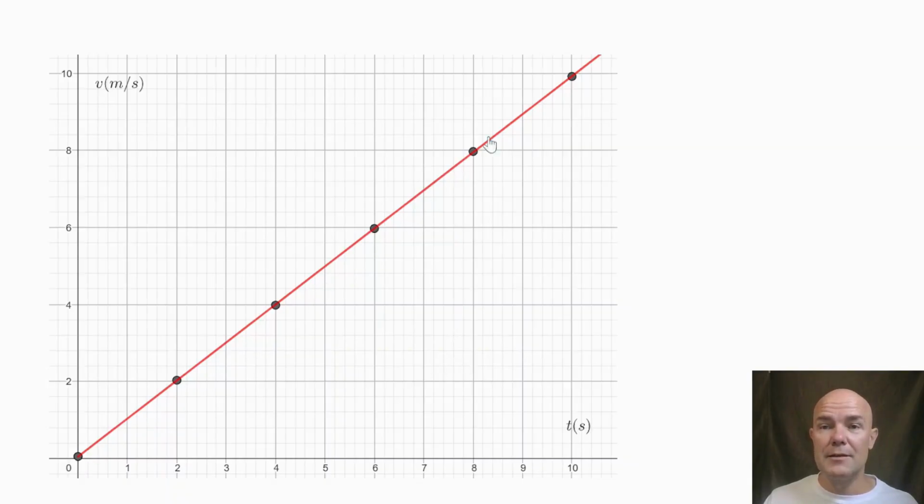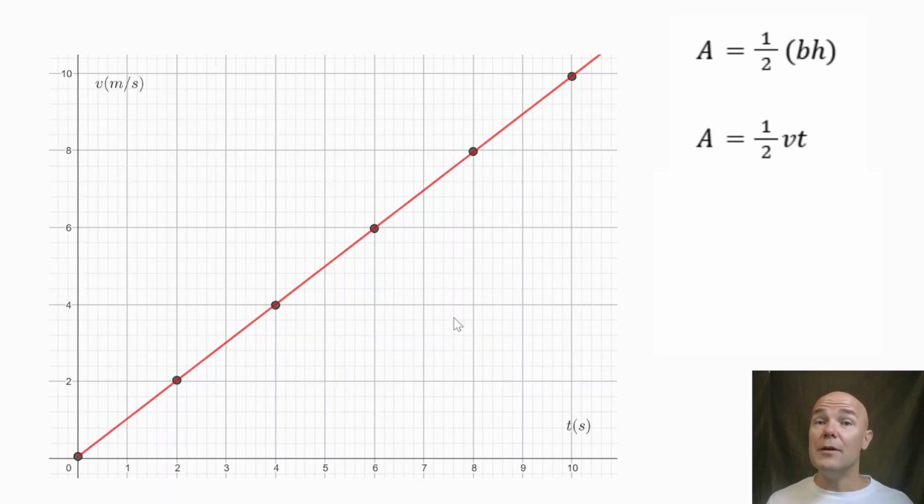And if we look at this area underneath this straight line, it's forming a right-angled triangle, and the formula for a right-angled triangle is half times base times height. So half times velocity times time, that's how we get the area underneath this straight line.